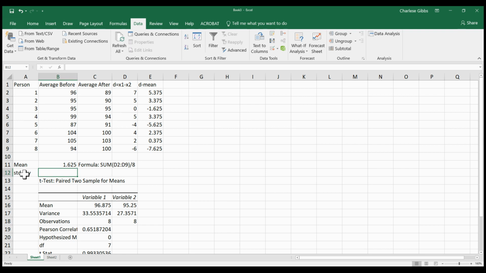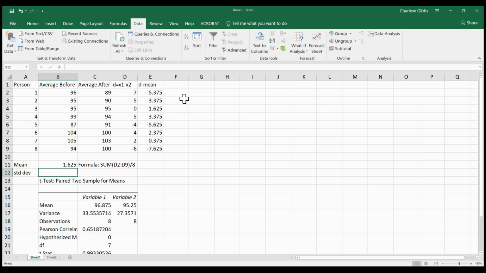All right, so to get the standard deviation, we need to look at the formula. The formula is the square root of the sum of d minus the mean squared divided by n minus 1. I should have written it in this form.